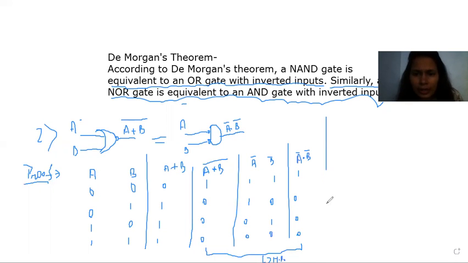In short, from De Morgan's theorem, we can write AB whole bar is equal to A bar plus B bar.